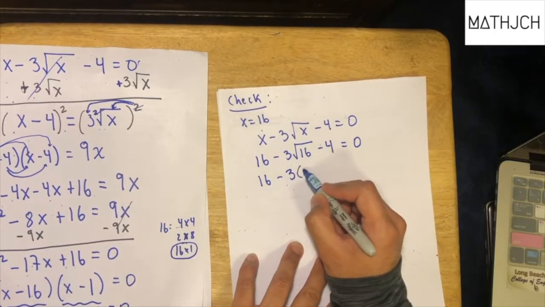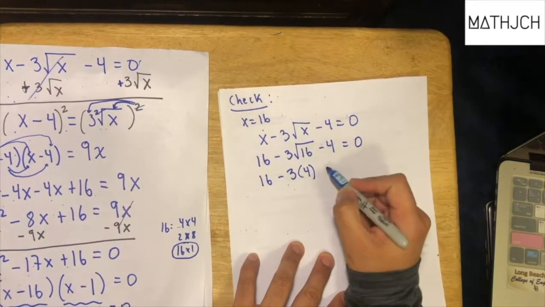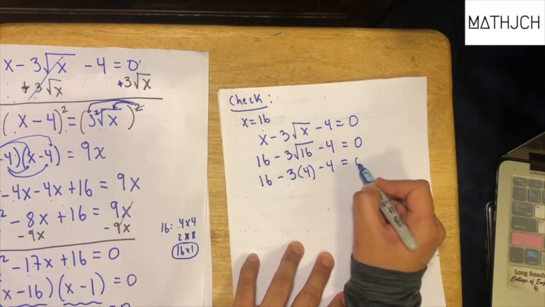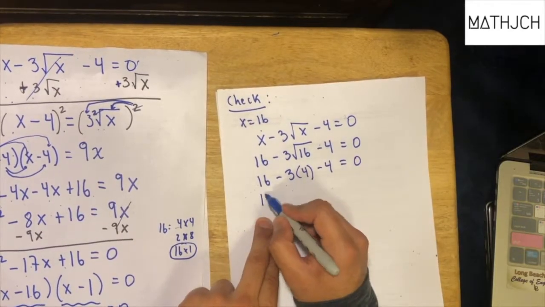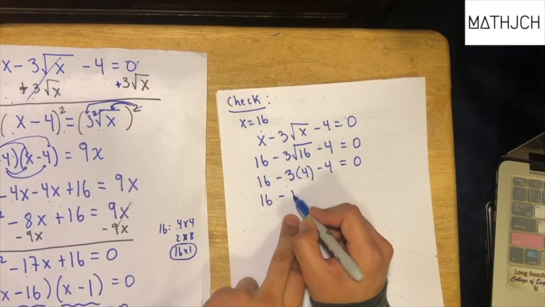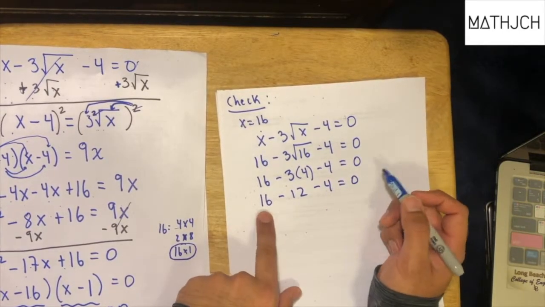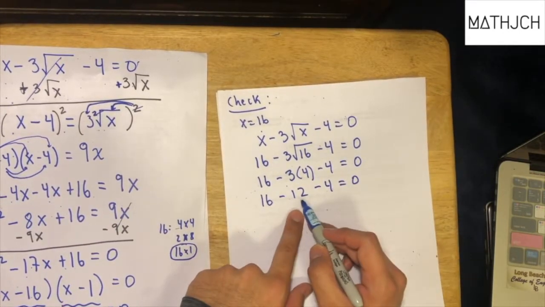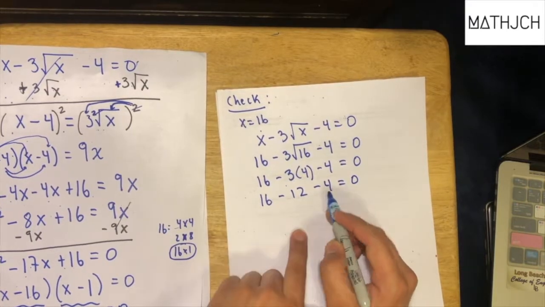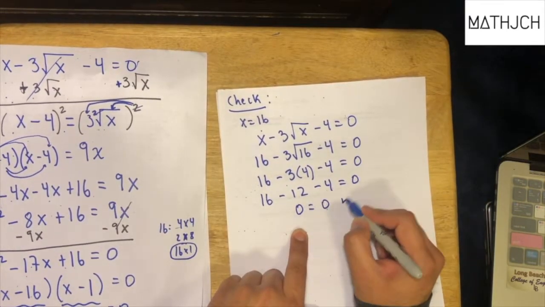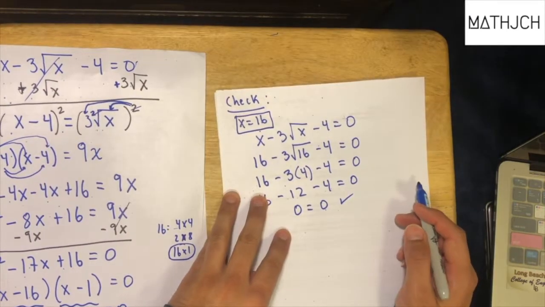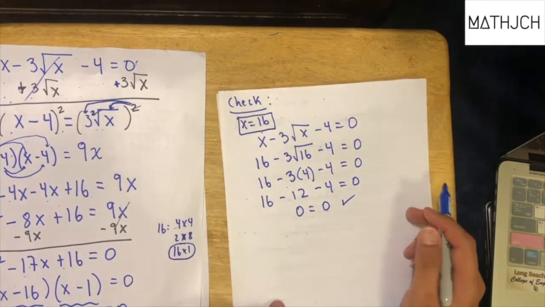In this case it will be 4, right? Then minus 4 equals 0. We have 16 minus 3 times 4, that gives us 12. Minus 4 equals 0. And indeed, 16 minus 12 is 4. Minus 4 is 0. So that checks out. So 16 is one of our solutions.